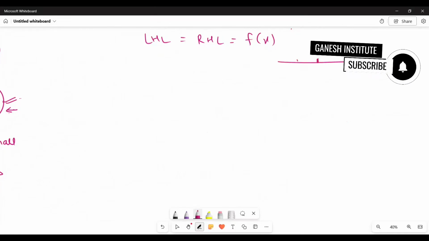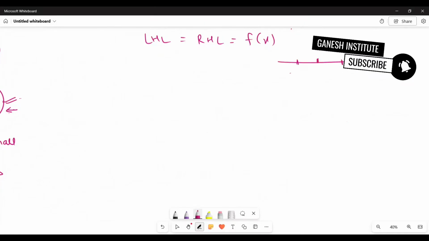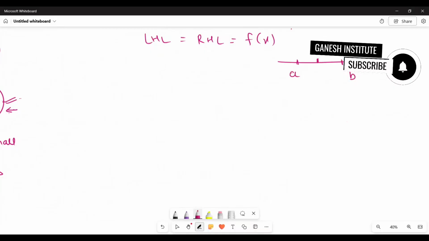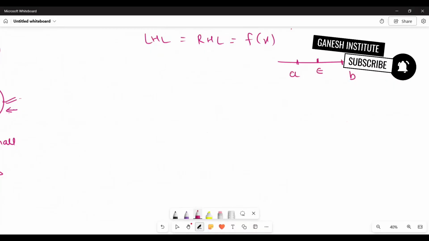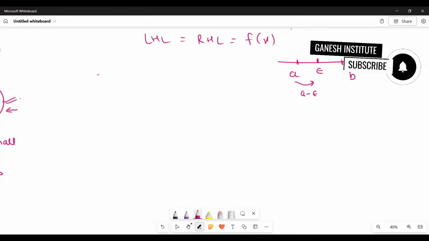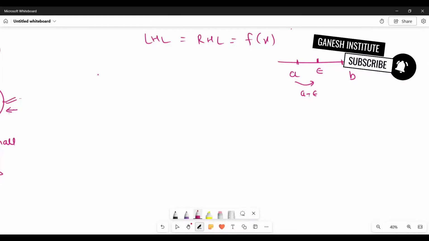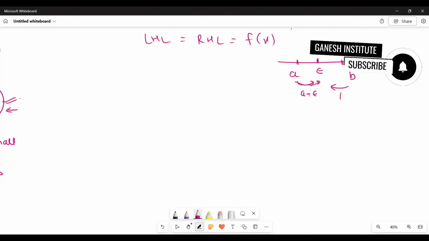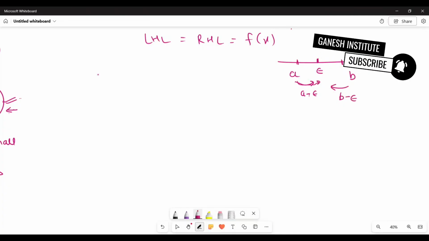If I have a point, I have a limit, let's say it is going from A to B, you consider epsilon, which is any number. For that, you can consider the value that this is A plus epsilon, if you are going this way, and this is B minus epsilon.